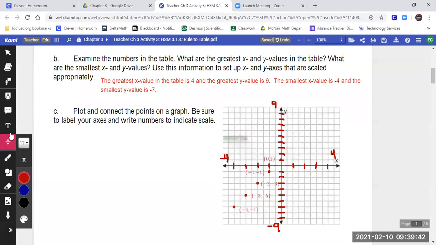Okay, what's the next one? We're at (0, 1). What's the next one? 1 comma what? Make sure you're in parentheses for your coordinates. We already did (0, 1), (1, 3). Oh, okay.